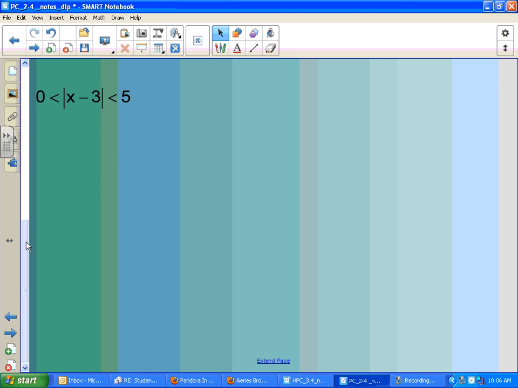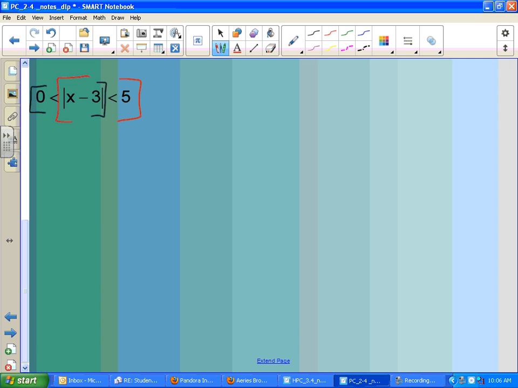So I have to treat this as if I have, again, 2 separate problems. I have this one: the absolute value of x minus 3 greater than 0. And then I also have the absolute value of x minus 3 being less than 5. So we have 2 separate problems we're going to work out.